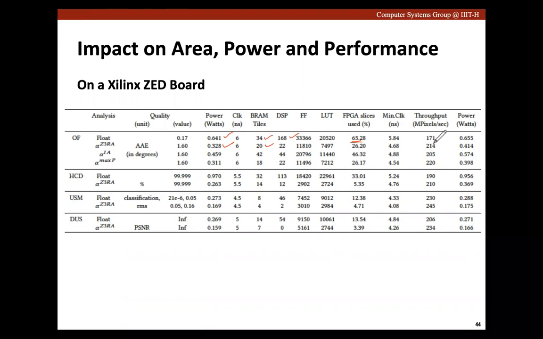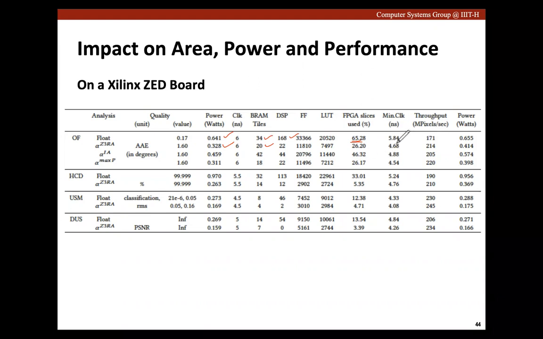So the moral of the story is, when you are working on hardware designs, it's important that you pay attention to what your data type is. Do you want to use a float data type? A double data type? A fixed point data type?